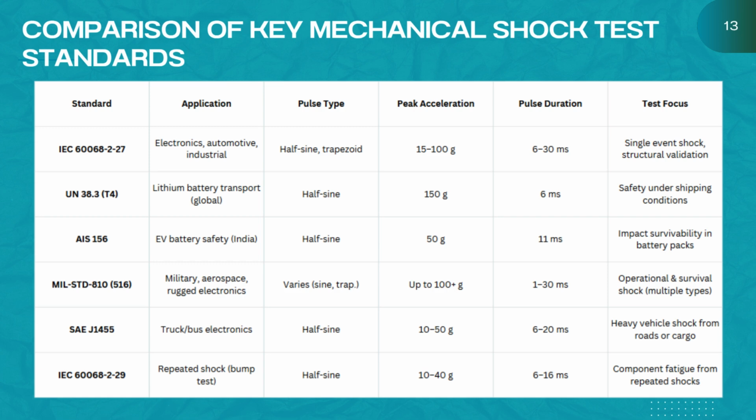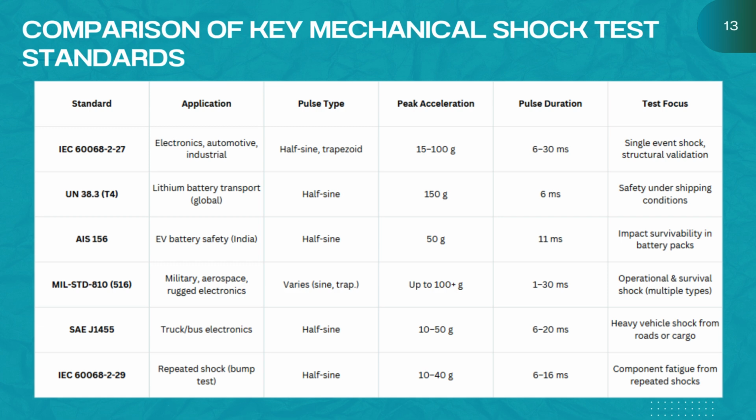UN 38.3, specifically Test T4, is mandatory for shipping lithium batteries globally. It subjects them to a 150-gram shock over a 6-millisecond duration, ensuring they can withstand transport conditions. AIS 156 is India's standard for EV battery safety.